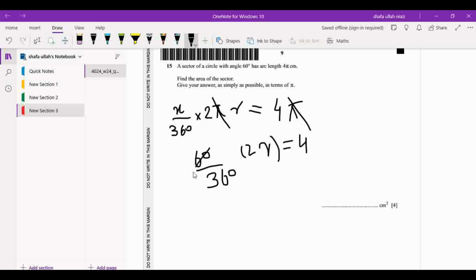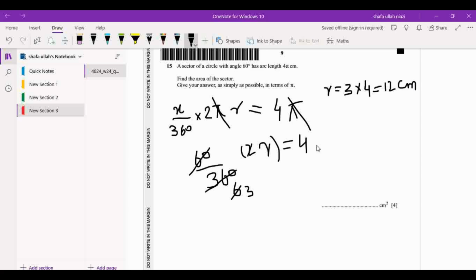So this 60 is 6 times 10, and 2 ones and 2 threes. When we shift this 3 to this side, it will multiply with 4, so r is equal to 3 times 4. 3 times 4 is 12, so r is 12 centimeter.